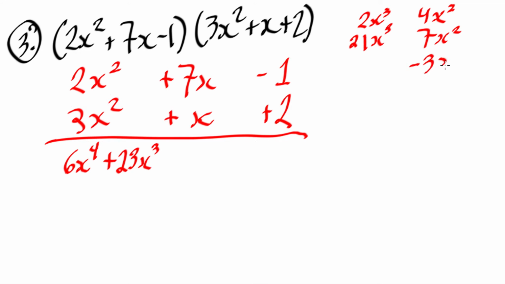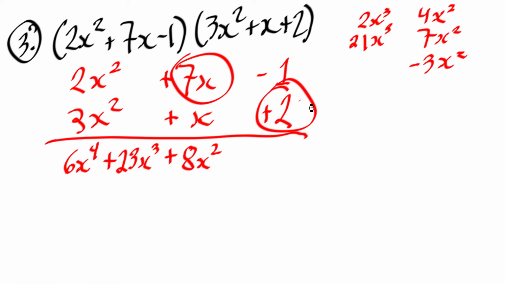Since they're all like terms, 4 plus 7 is going to give us 11, minus 3 is going to give us positive 8x squared.